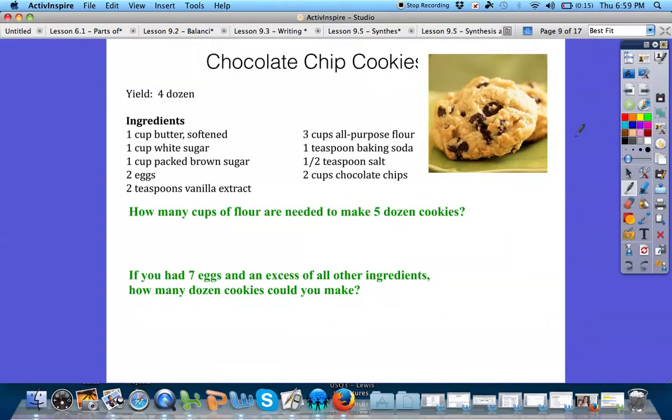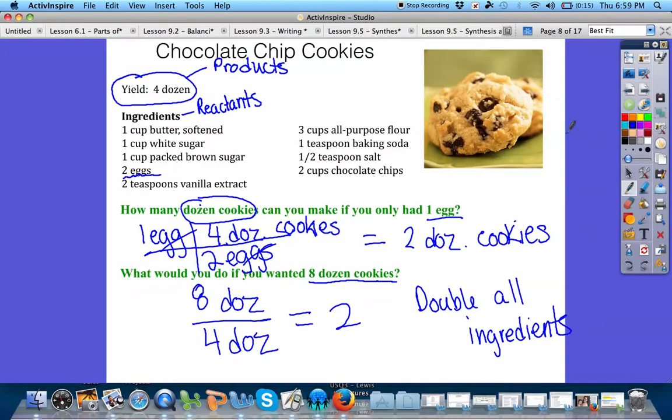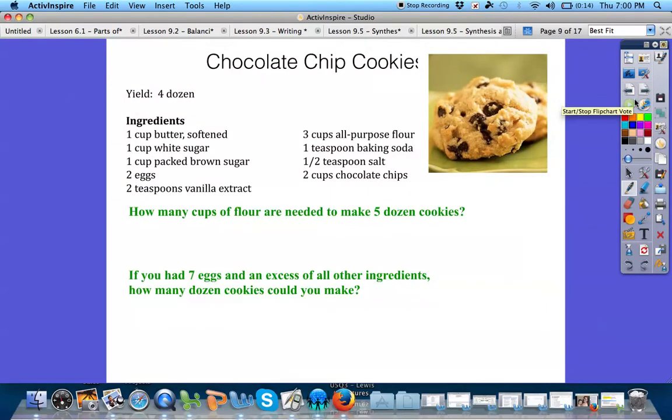So now, those were pretty simple. It was double or half of it. But now we need to make 5 dozen cookies. Say you needed to make those 5 dozen cookies to have enough cookies to bring to school to share with your friends for your birthday.